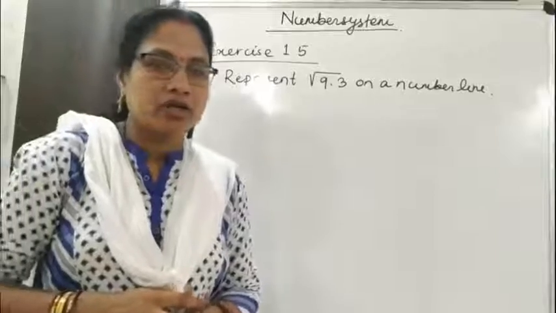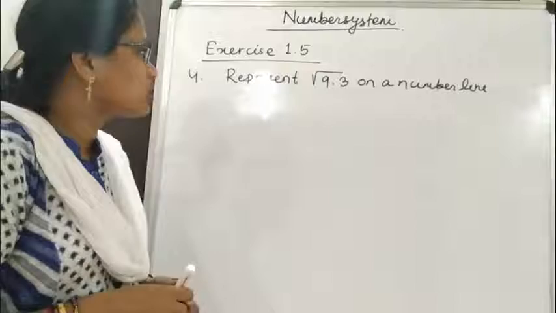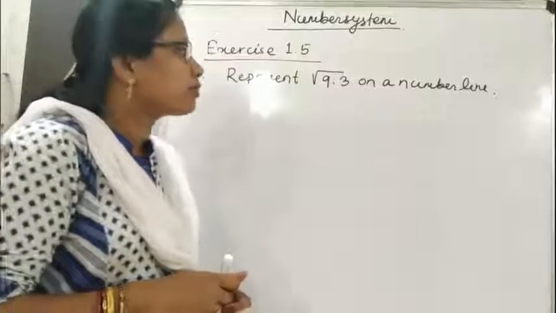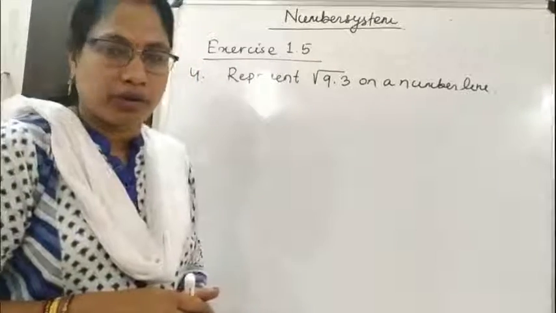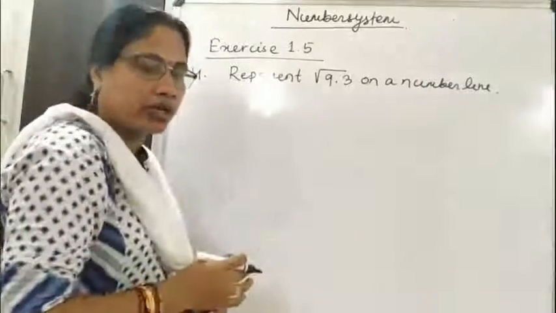Let us discuss question number 4 of exercise 1.5. The question is, represent square root of 9.3 on a number line. So how to represent root 9.3 on a number line?